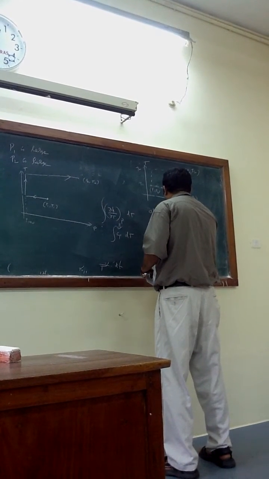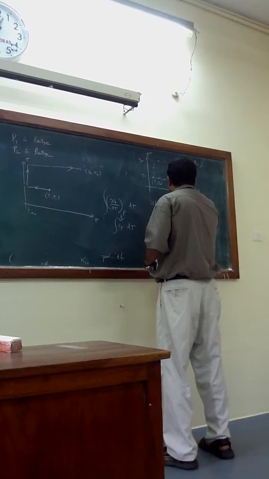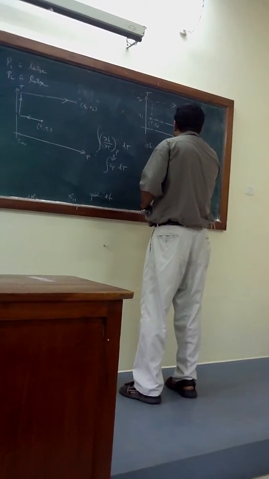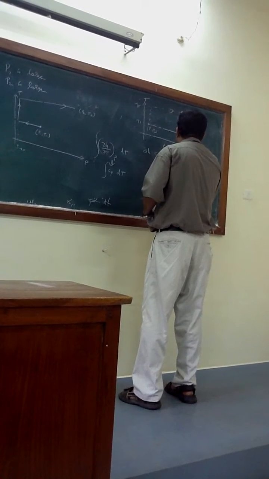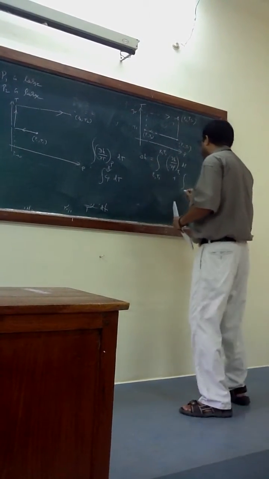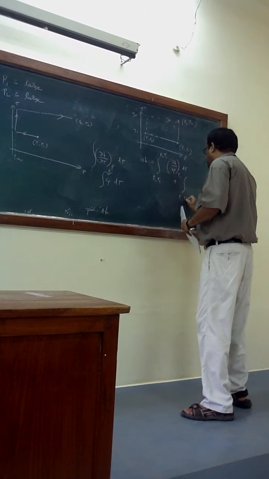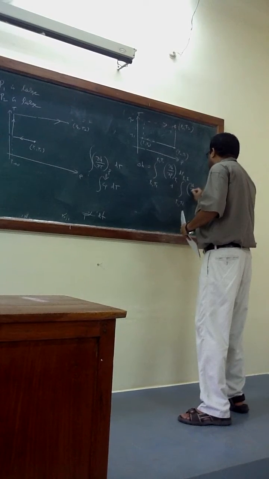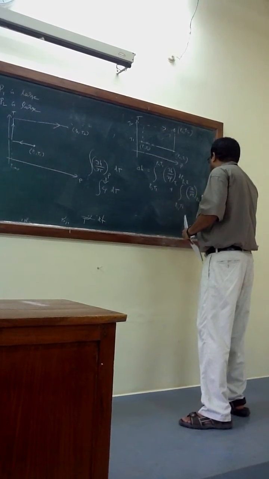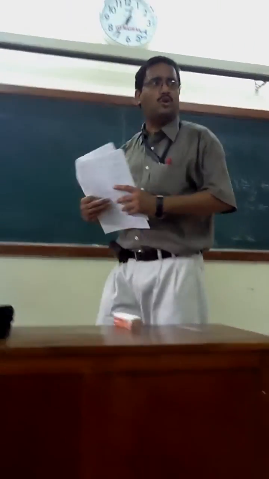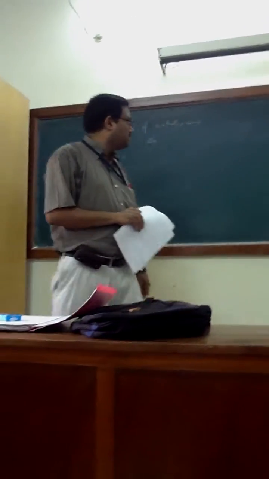So P1 to P2, integral of dou H by dou P at T1 dP, plus integral from T1 to T2 of dou H by dou T at P2 dT. Very simple. I am not doing anything complicated here.